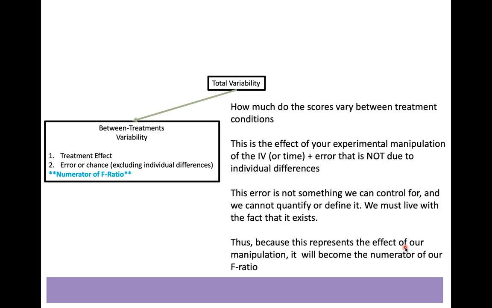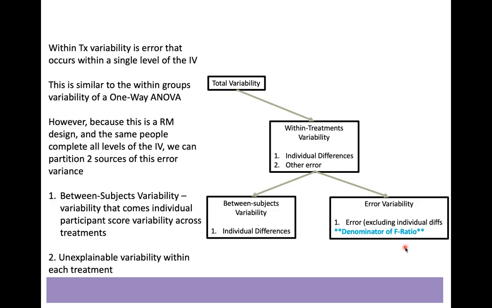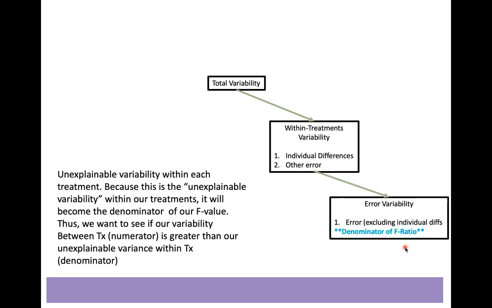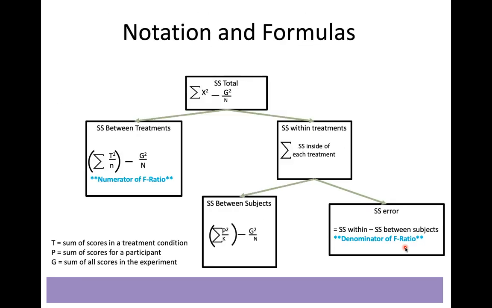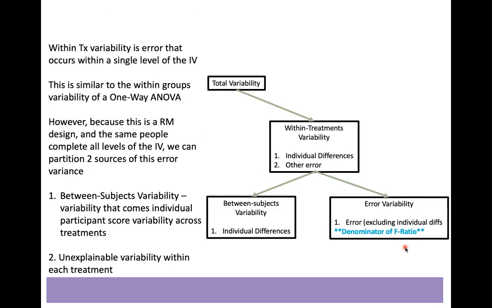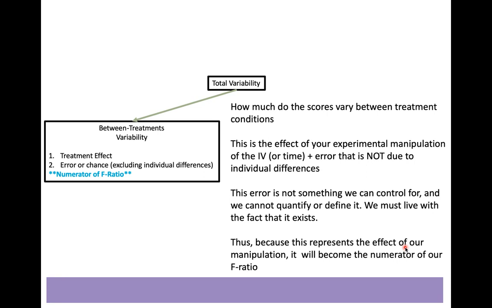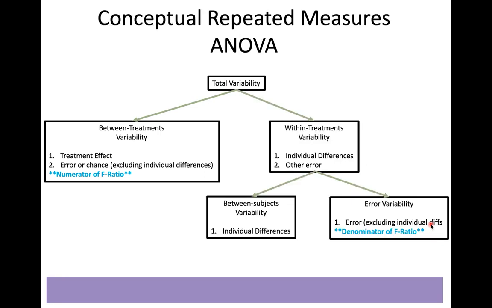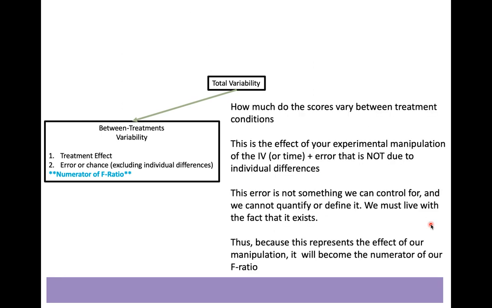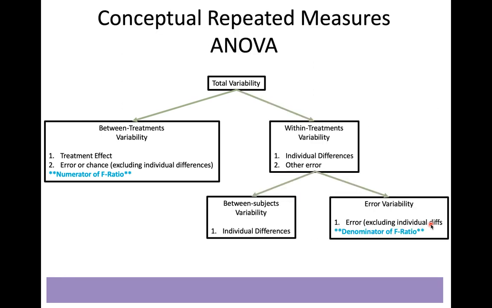Okay, so here we have a few slides. I'm going to buzz through them because this is everything that I've just sort of explained to you. It's just written out because I know it's a lot of information. And so I want you to be able to go back and listen to this as well as read it if you need to, in order to understand, what is this between treatments variability?